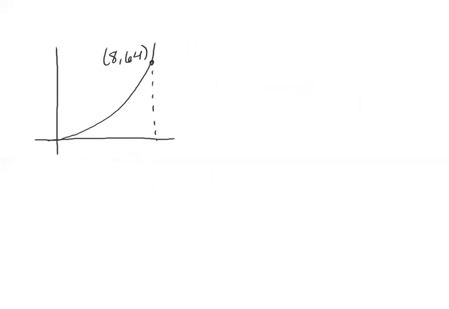I'm going to again split it up into 4 rectangles, but I'm going to use the left endpoint instead of the right endpoint. These are my intervals from 0 to 2. So this is 0, 2, 4, 6, and this is 8. So my intervals are 0 to 2, 2 to 4, 4 to 6, and 6 to 8.